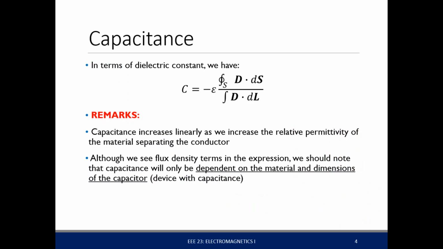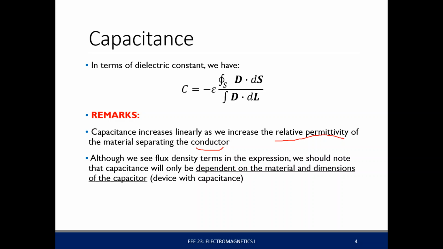So there you go. Some remarks: the capacitance increases linearly as we increase the relative permittivity of the material separating the conductors. So if you increase the dielectric constant, you get a larger capacitance.